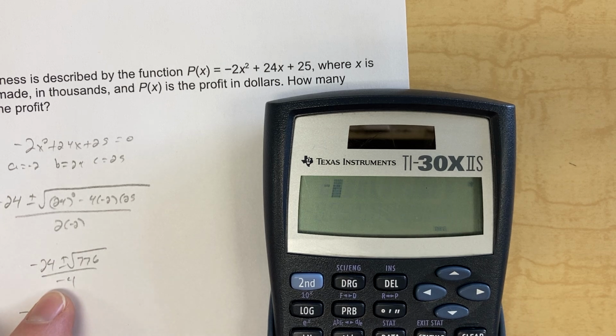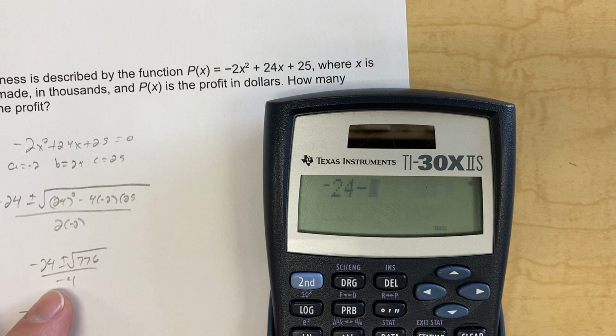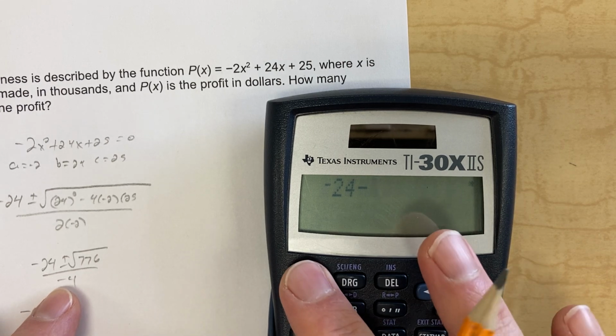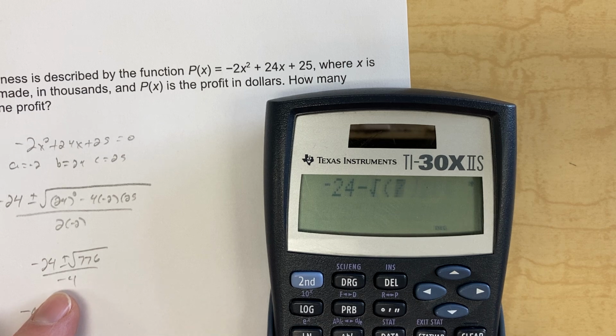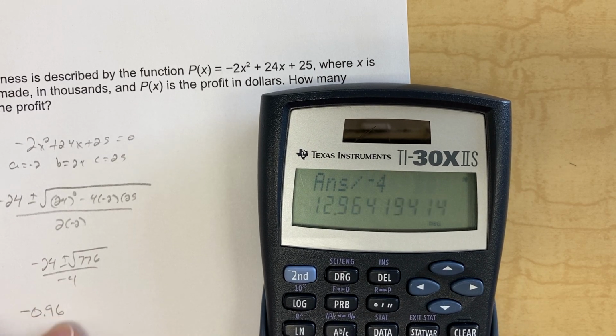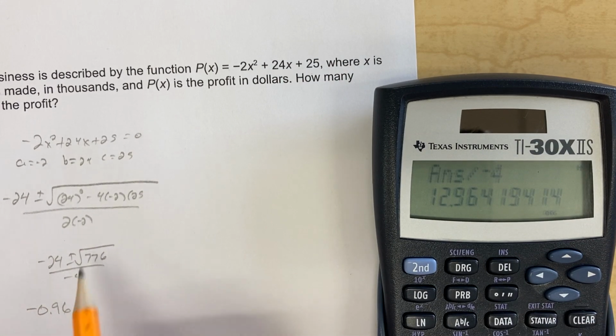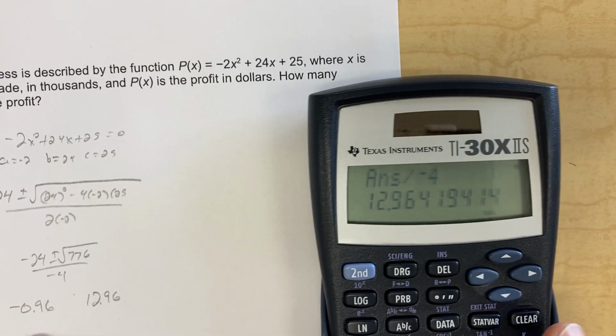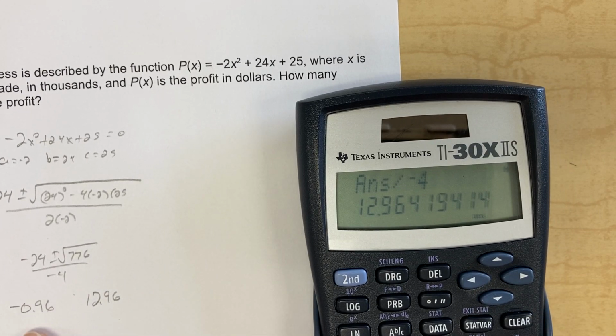And then let's go -24 minus the square root of 776 divided by -4 gives us 12.96. All right, if I add these together and divide by 2, I want to find the halfway point between them.